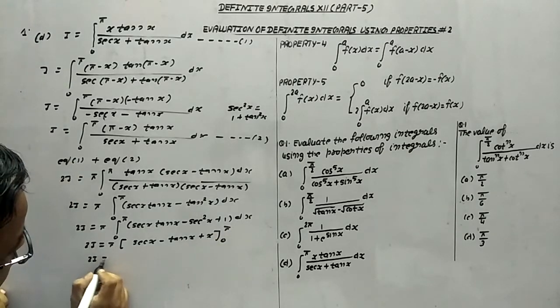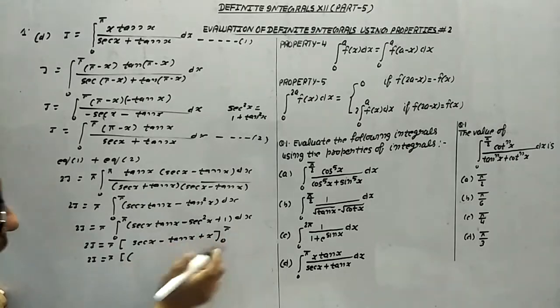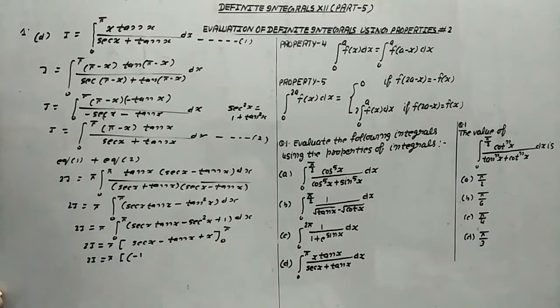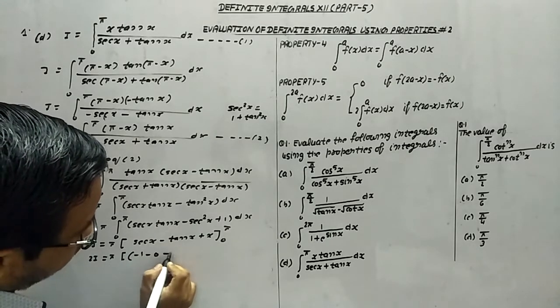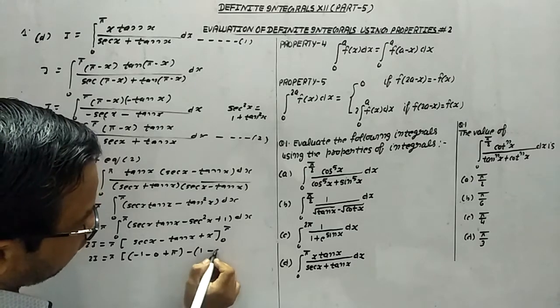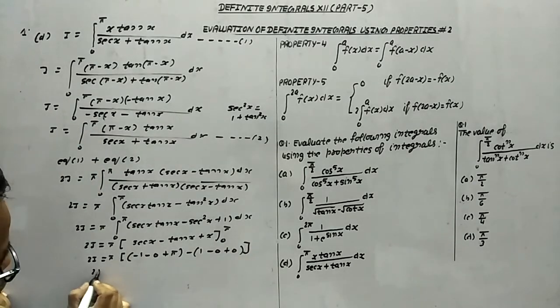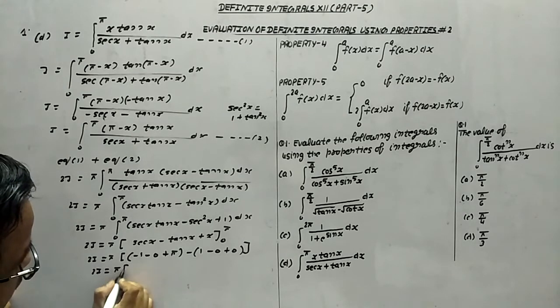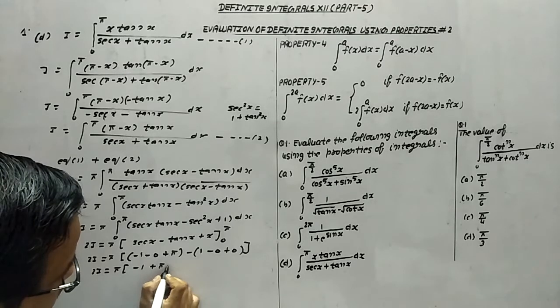Now we will put the limits. First of all the upper limit: sec π means minus 1, and then minus tan π means 0, and then π. Now the lower limit: minus sec 0 is minus 1, tan 0 is 0, and this is 0. Now this becomes 2I is equal to π times (minus 1 plus π minus 1).